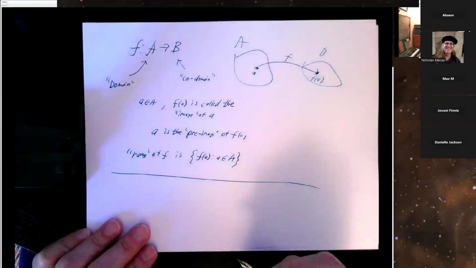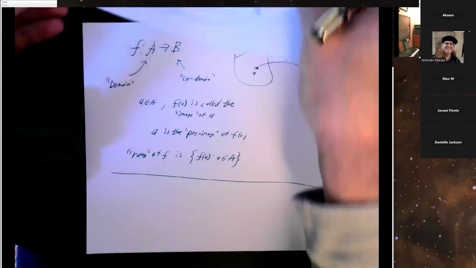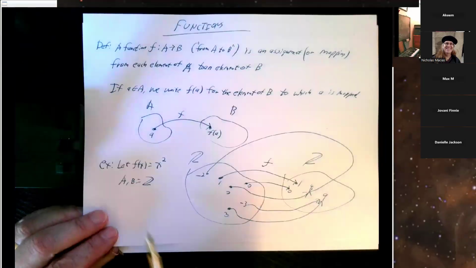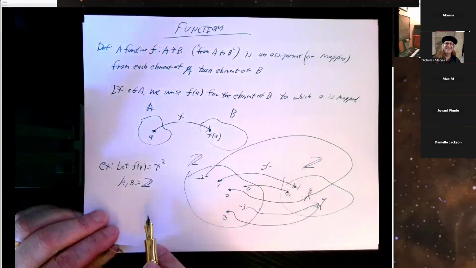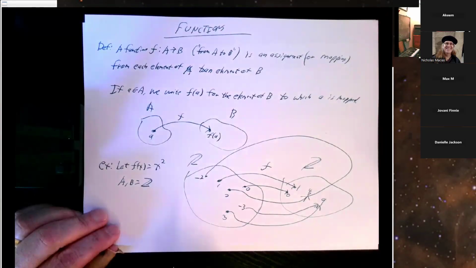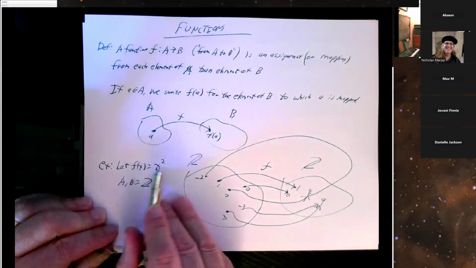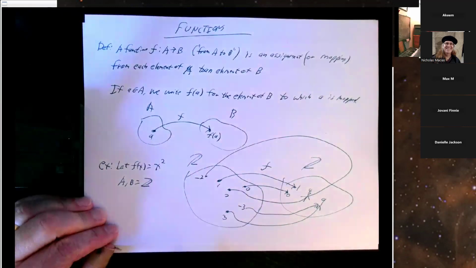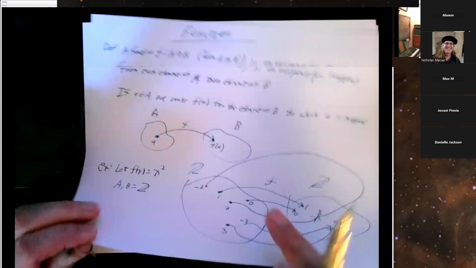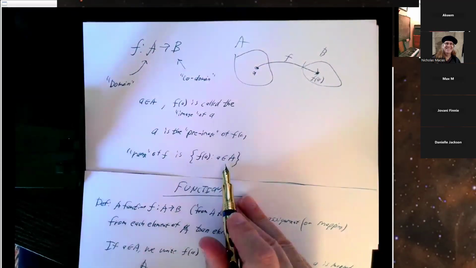So, a bunch of definitions, right? So suppose I have my function from the integers to the integers, where f of x is equal to x squared. So what is the range of this function? The range is the set of all things that get mapped to.